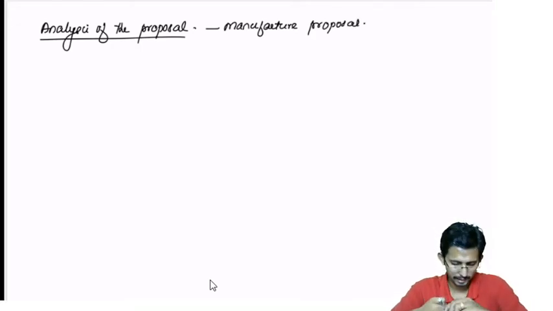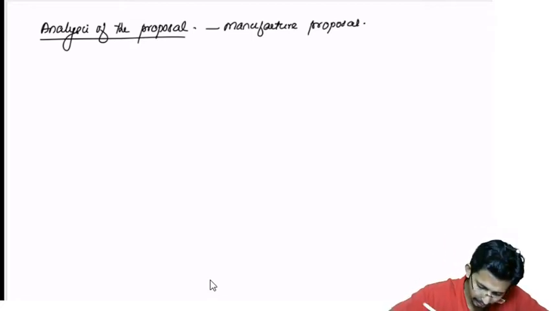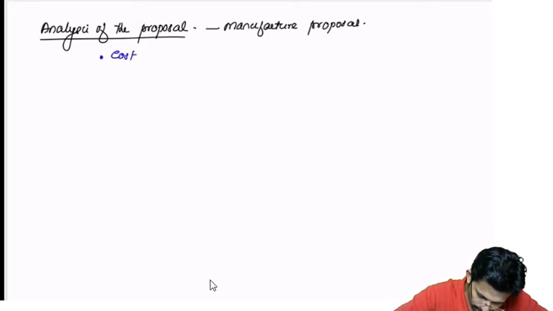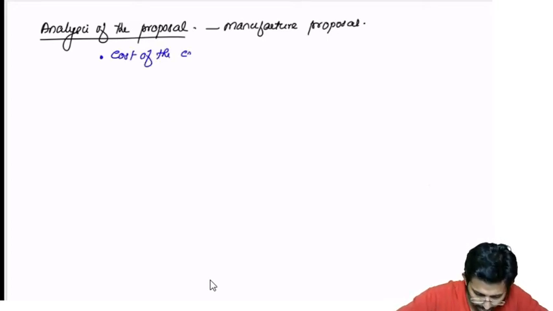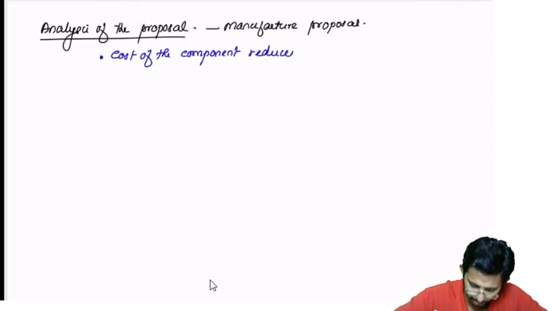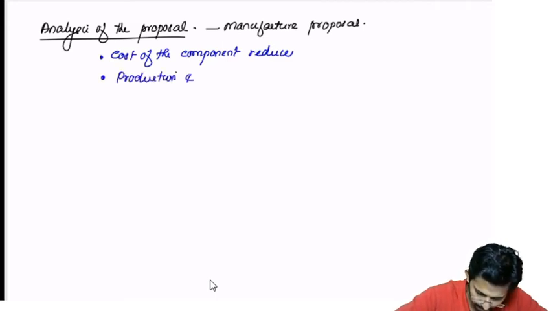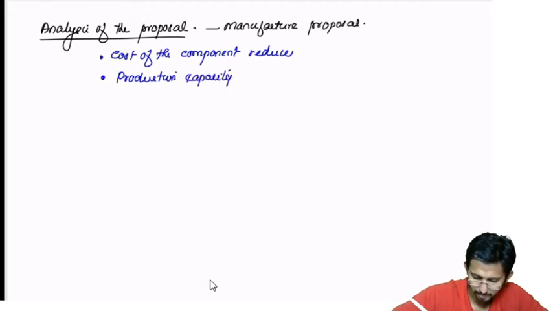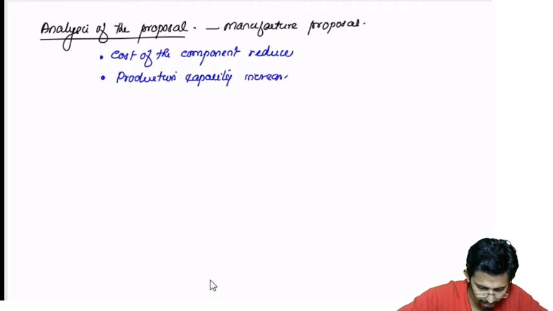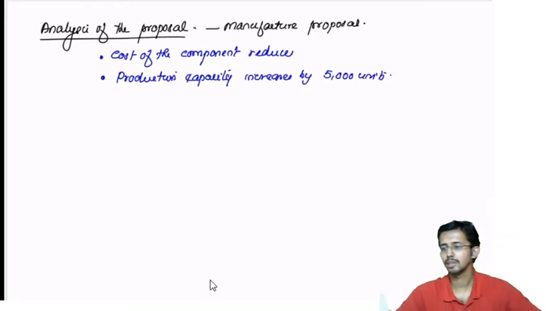There are two things happening on this proposal. One is the cost of the component reduces. Then the second thing, production capacity increases by 5,000 units.